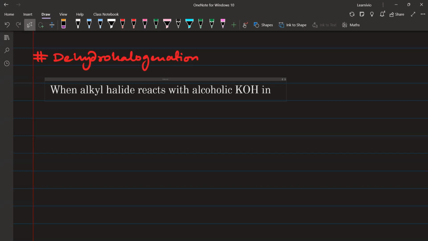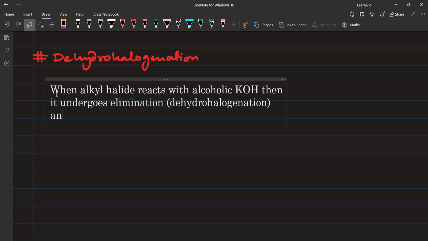Alcoholic KOH, then it undergoes elimination, bracket, with dehydrohalogenation, and forms the corresponding alkene. ठीक है.